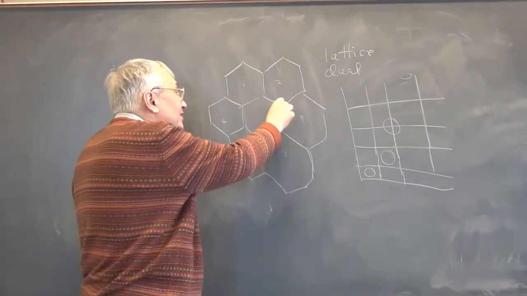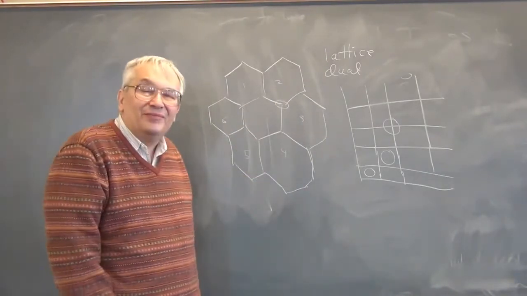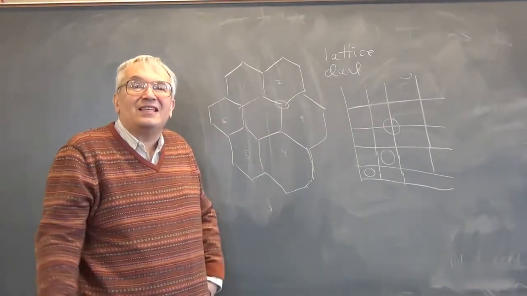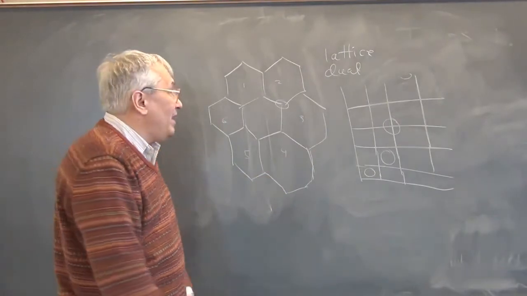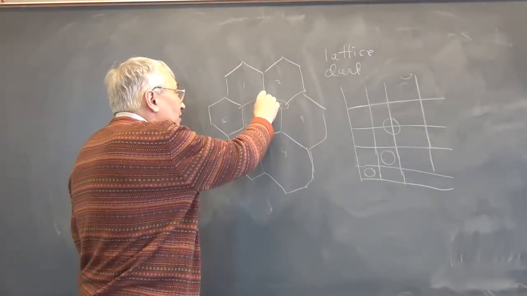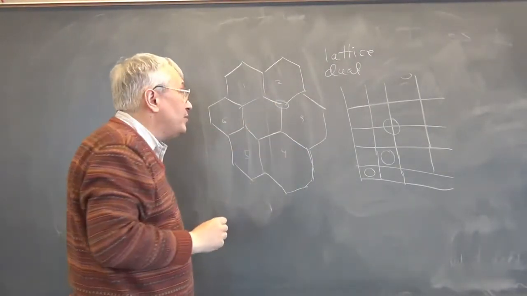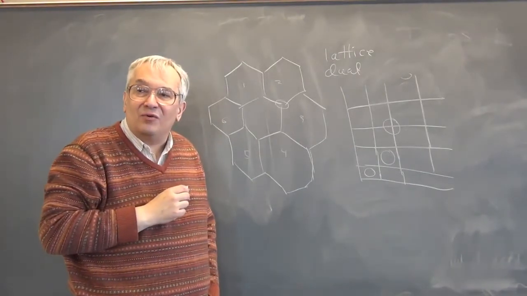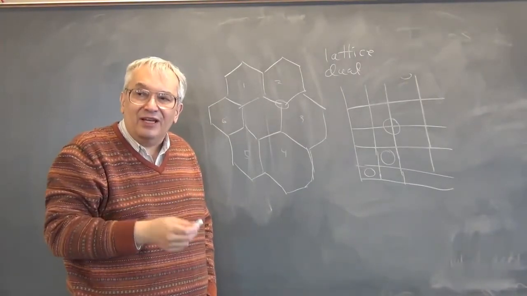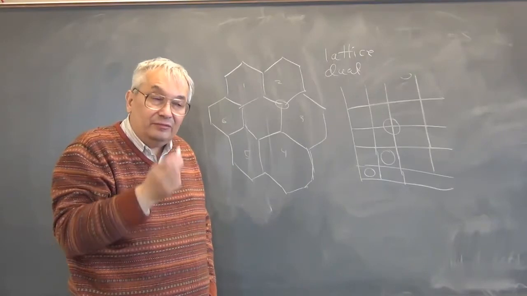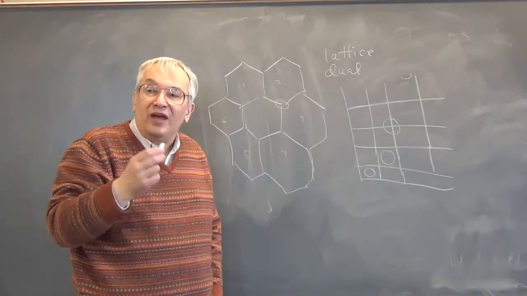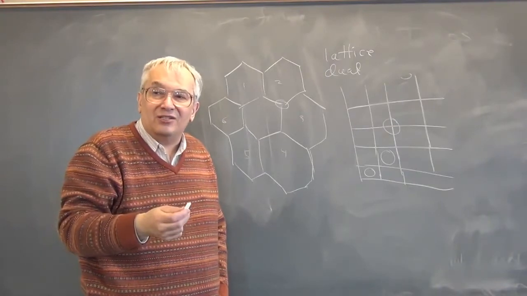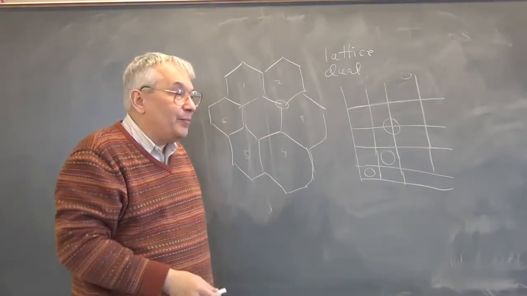But contemplate the vertices on a hexagon. Each vertex has how many neighbors? 3. And so the lattice of vertex points on a hexagon board is completely different than the lattice of the original hexagons. You have a lattice and a dual lattice, and they're really quite different.